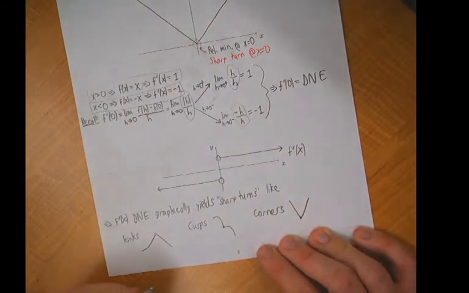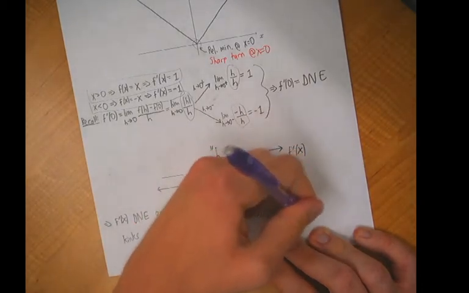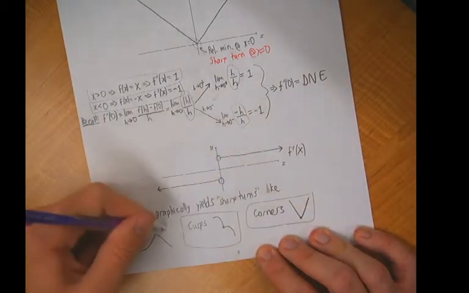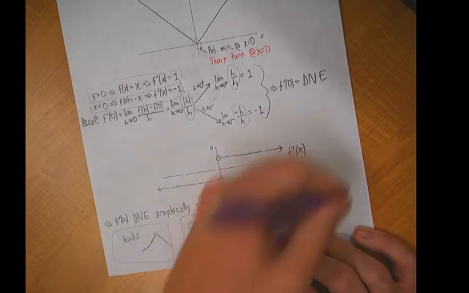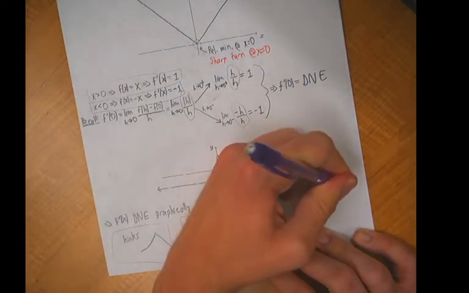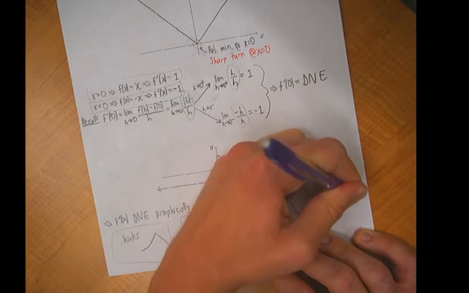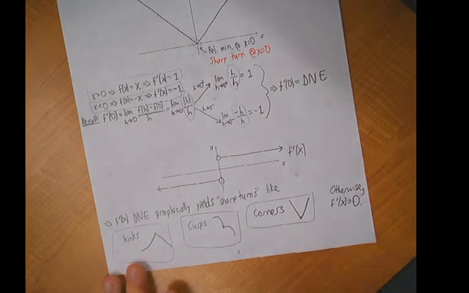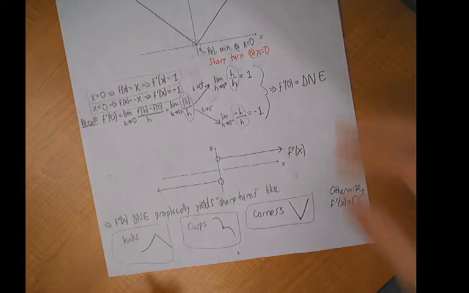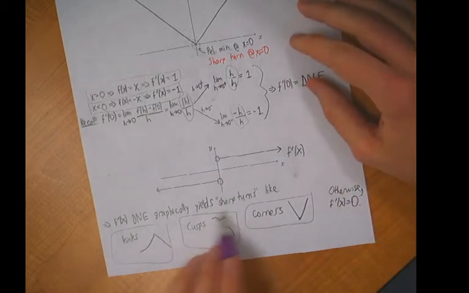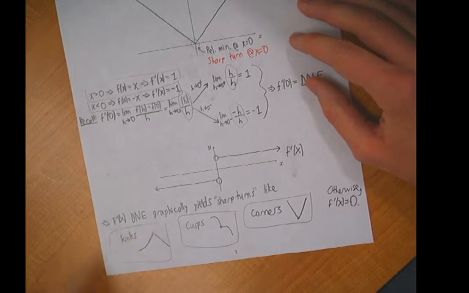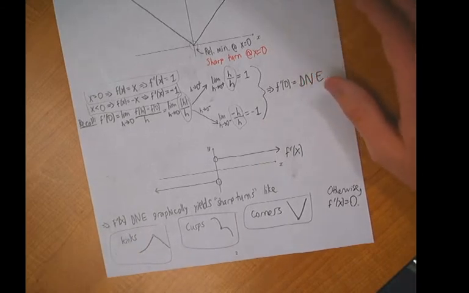Otherwise, f prime of x is equal to 0. Okay. So basically, if we have a sharp turn, then you're going to have something like this, or one of these three. So the derivative does not exist. But otherwise, the derivative has to be 0 at that point.